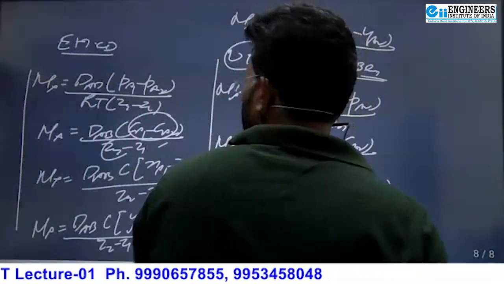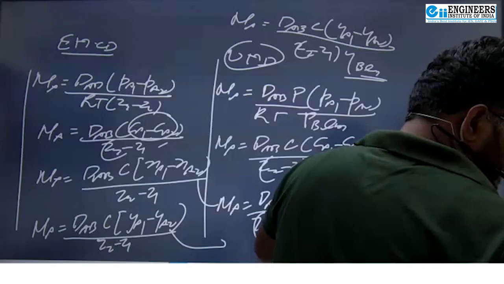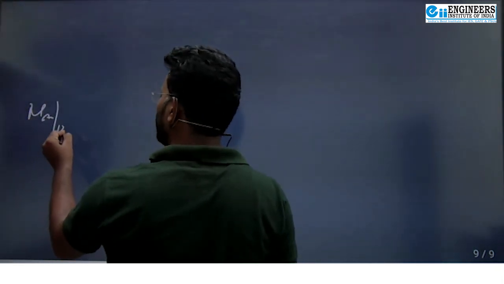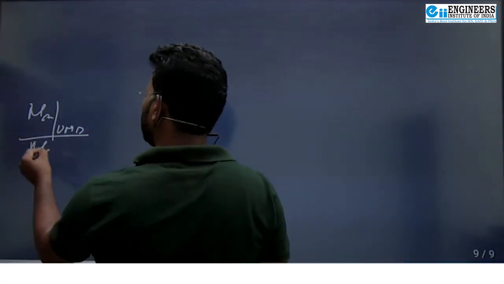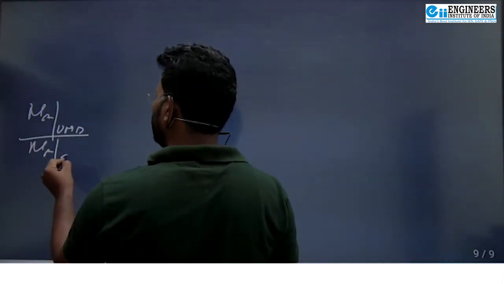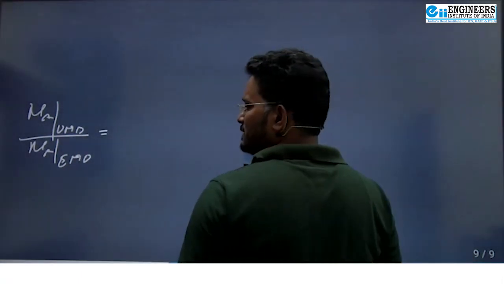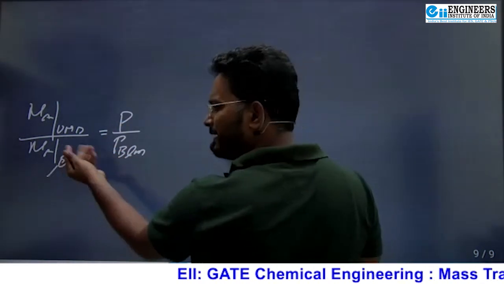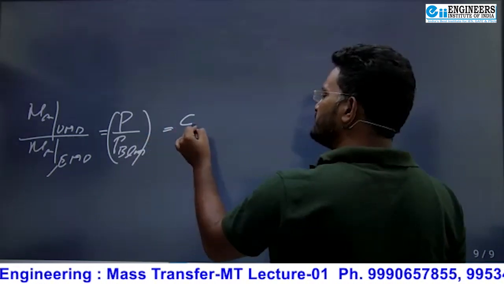तो आप पूरे क्वेश्चन को खुद आप देखो। Just Mr. Kartik, if you observe what you found, I think you can write this on your own. If you found N_A for the case of UMD, unimolecular diffusion, upon N_A for EMD, this is found to be the ratio of these two fluxes, going to find P upon P_BLM। तो मैं कहता हूँ आप EMD निकाल लो, उसमें ये मल्टीप्लाई कर दो, बात खत्म। This is also equal to C upon C_BLM.